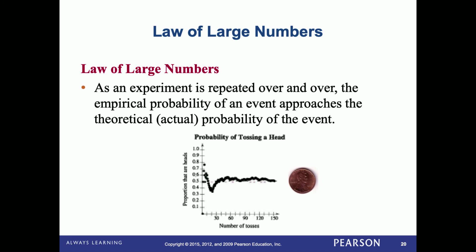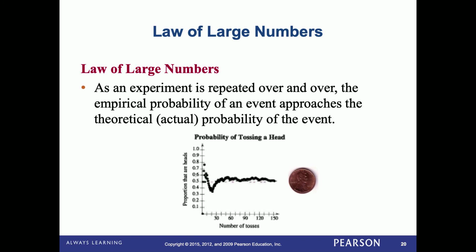The law of large numbers. As an experiment is repeated over and over and over, the empirical probability of an event approaches the theoretical. So the experimental one gets closer to the theoretical one, the actual probability. So if you were to toss a coin 4 times, you might end up with 3 heads and 1 tail.